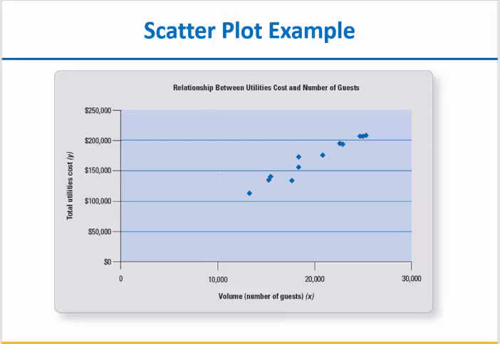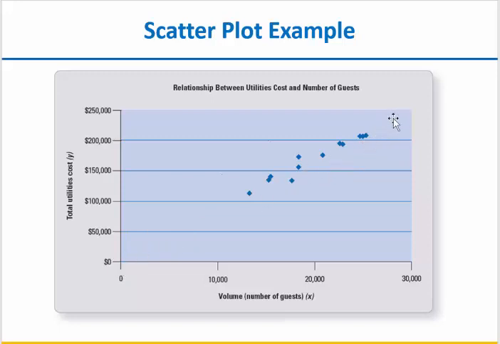This is about the relationship between utilities cost and the number of guests. Horizontally we have the volume, which is the number of guests, and vertically we have the y-axis, the utilities cost. If you look at those plots, I consider this a variable cost. The utility cost is a variable cost. It's not fixed, it's not mixed.